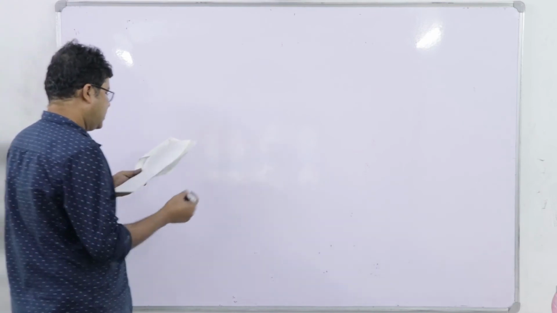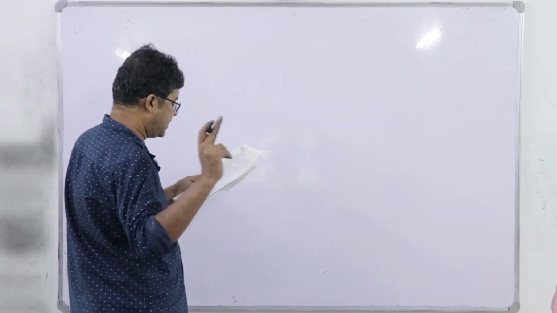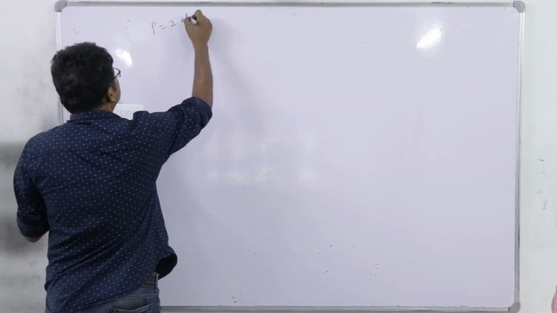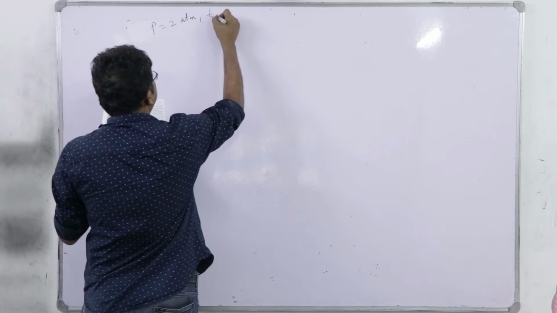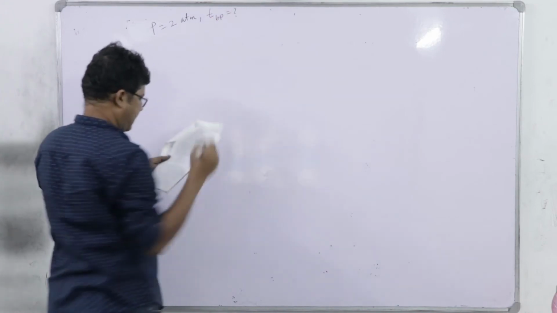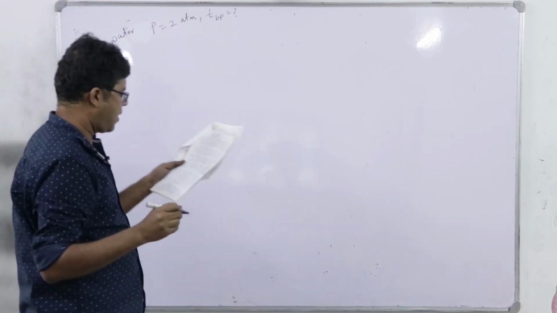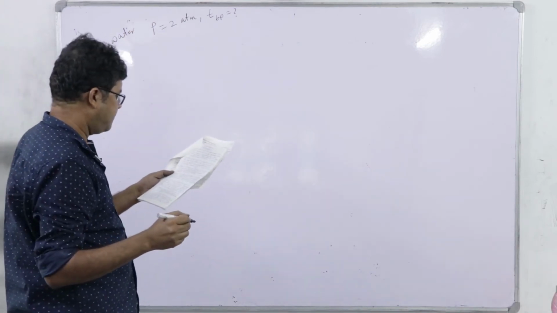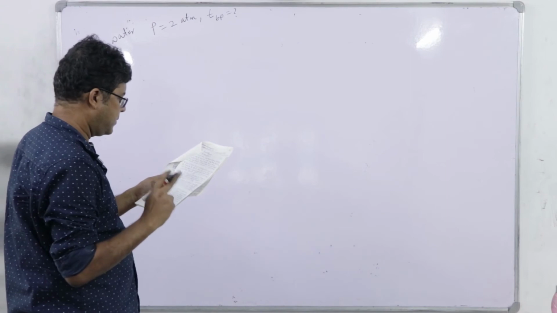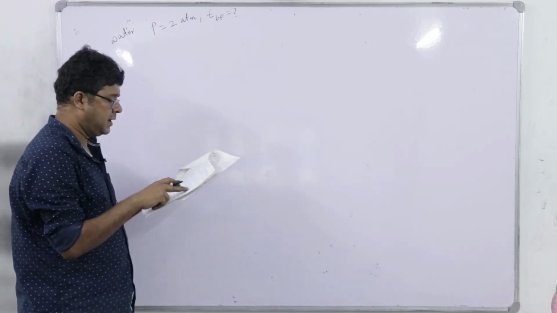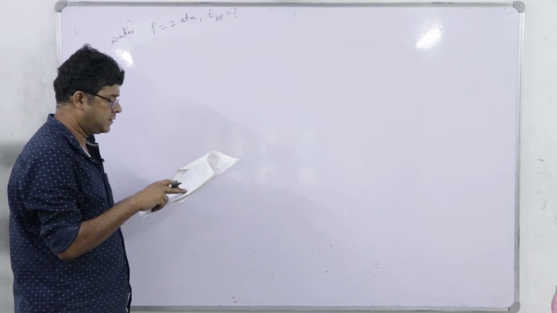Okay. Determine the boiling point of water at a pressure of P equal to 2 atmosphere. We have to calculate TBP for water, given the boiling point at 1 atmosphere.